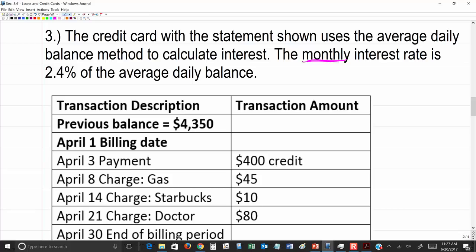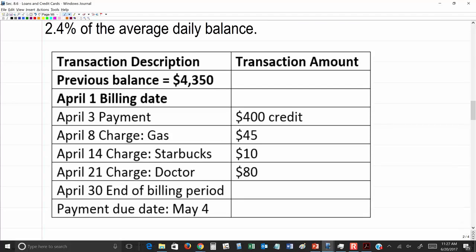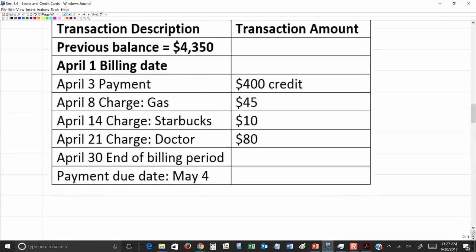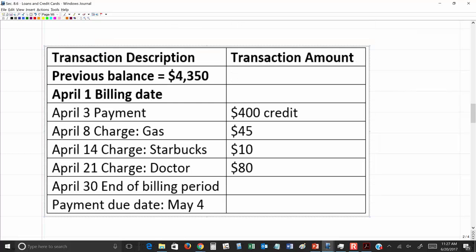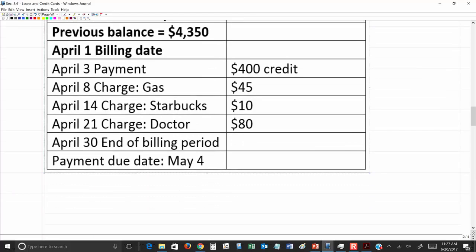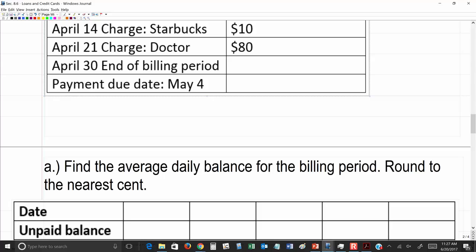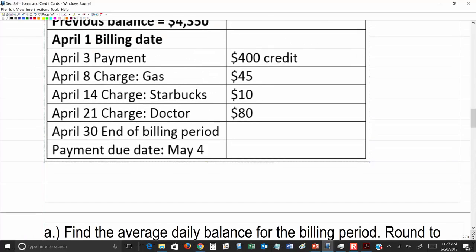Here is a statement that shows your previous balance and then your charges. They're asking to find the average daily balance for the billing period and round to the nearest cent.